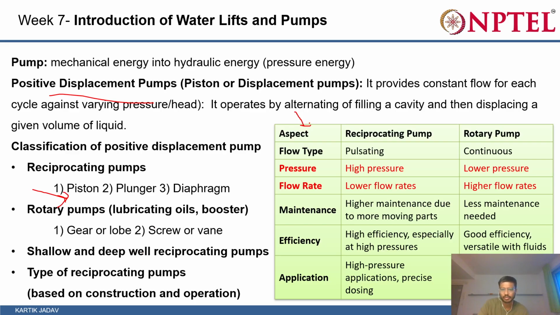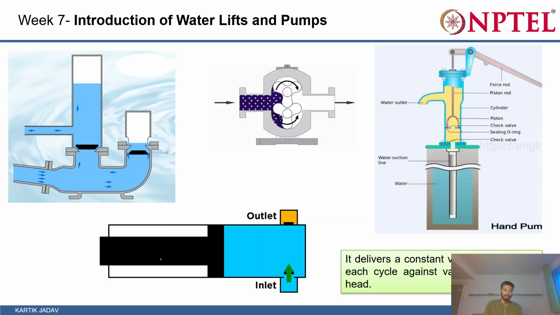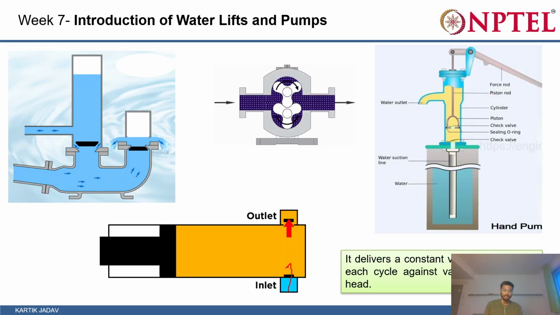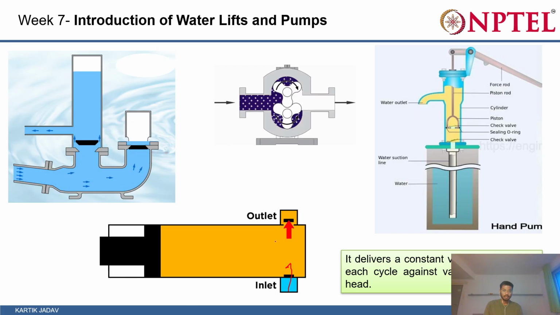And now, in terms of different aspects, how are the reciprocating pump and rotary pump different, right? In a reciprocating pump, the flow type is pulsating. Pulsating means it is in pulses, right? Like we have seen with the reciprocating pump here, in one stroke water is coming out during suction, and during pressure the water will go out.